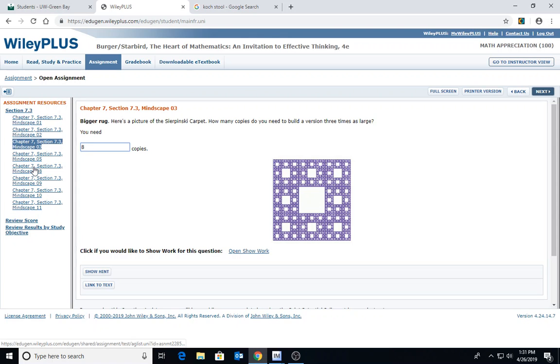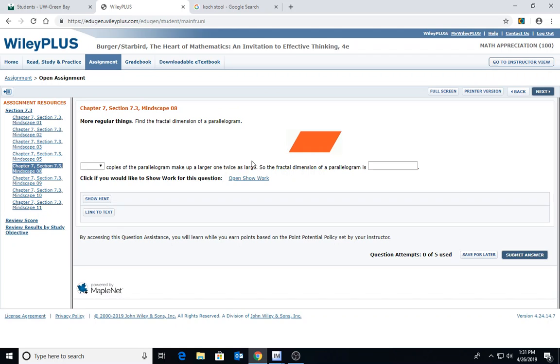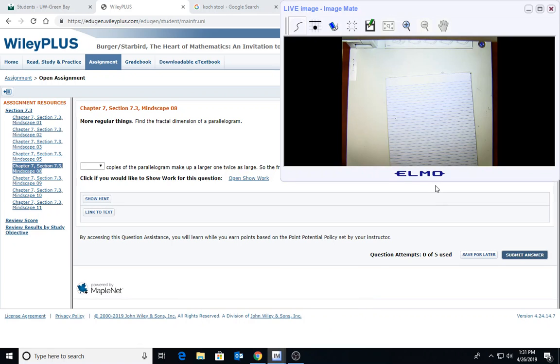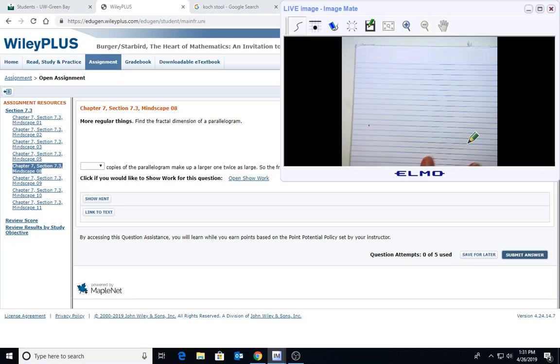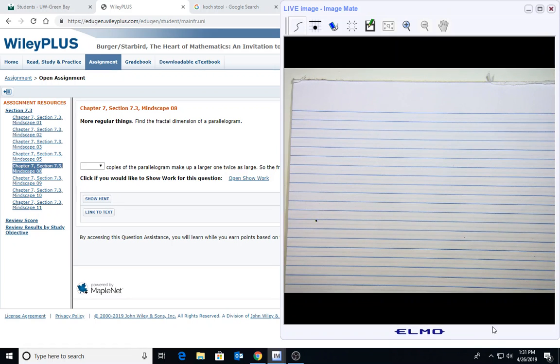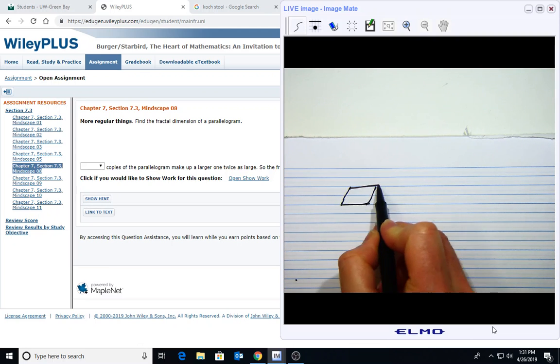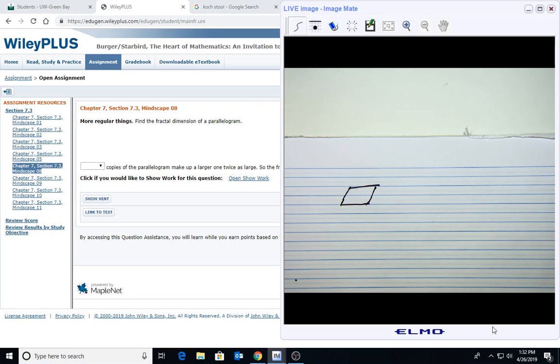And then I got asked Mindscape number 8. So I think I'll draw you a picture of this. So we have a parallelogram. And this parallelogram can be, you can make copies of it and make a larger parallelogram.